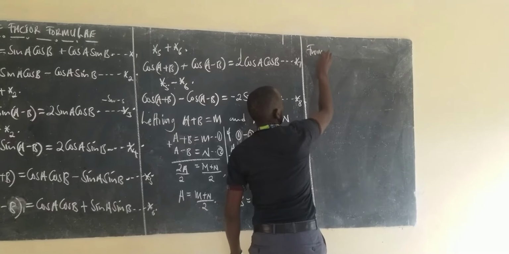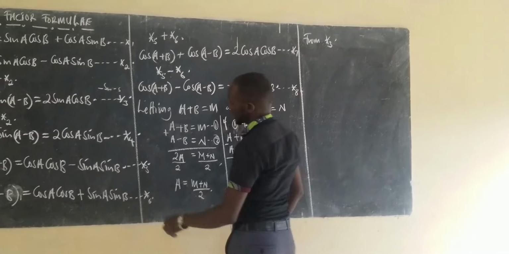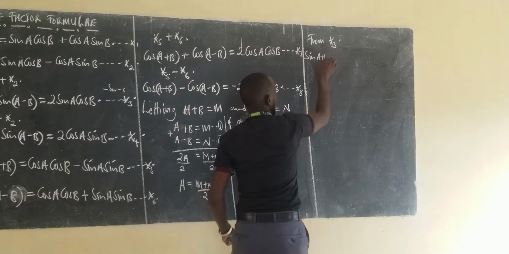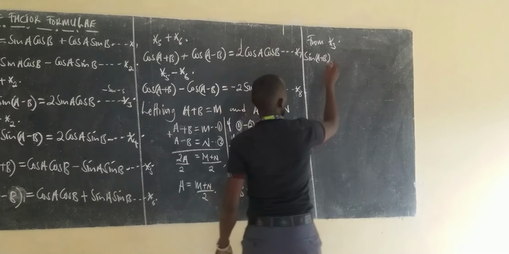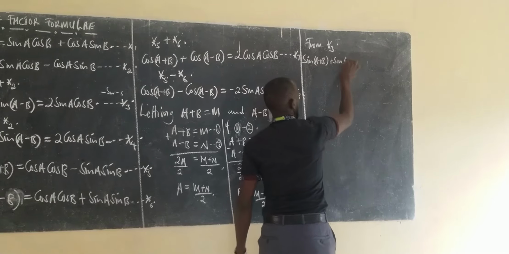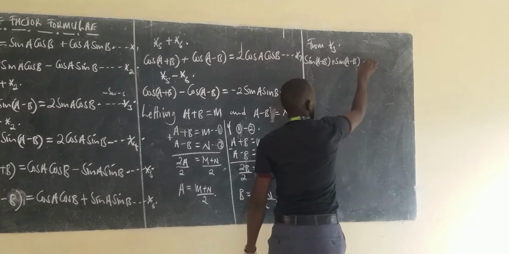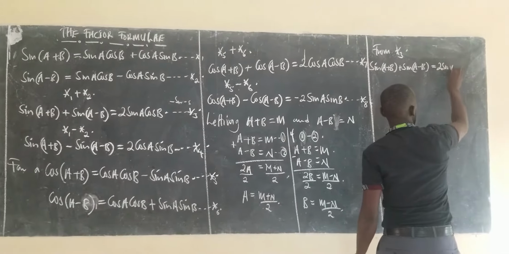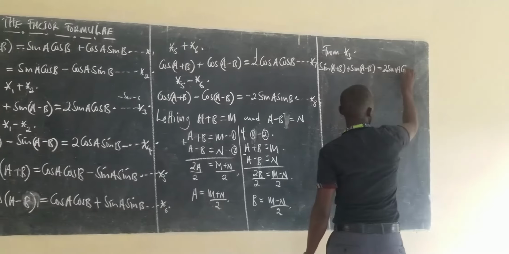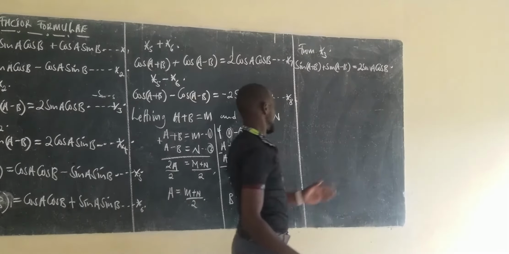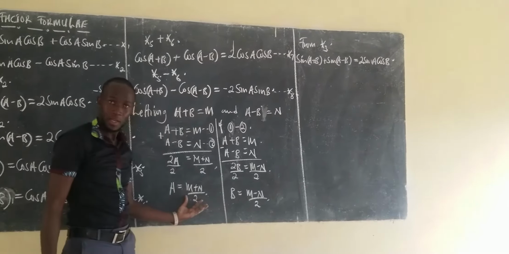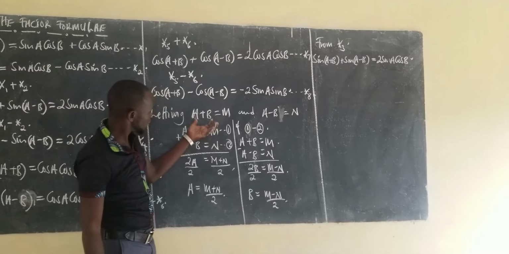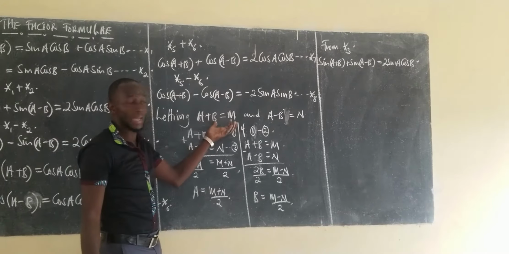From equation 3, where you have sine of A plus B plus sine of A minus B, this one is equivalent to twice of sine A cos B. After getting this, now that we have the value of A and we have the value of B in terms of m and n, as well as we have the value of m in terms of A and B as well.